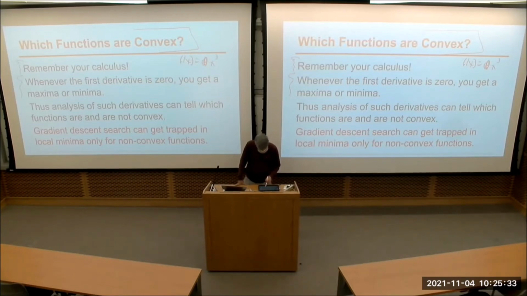Now, when you have that function, let's just think about it. What is the derivative of x cubed? For a positive value, x cubed is going to be convex on that side. For a negative value, what's going to happen here? It goes down, right?